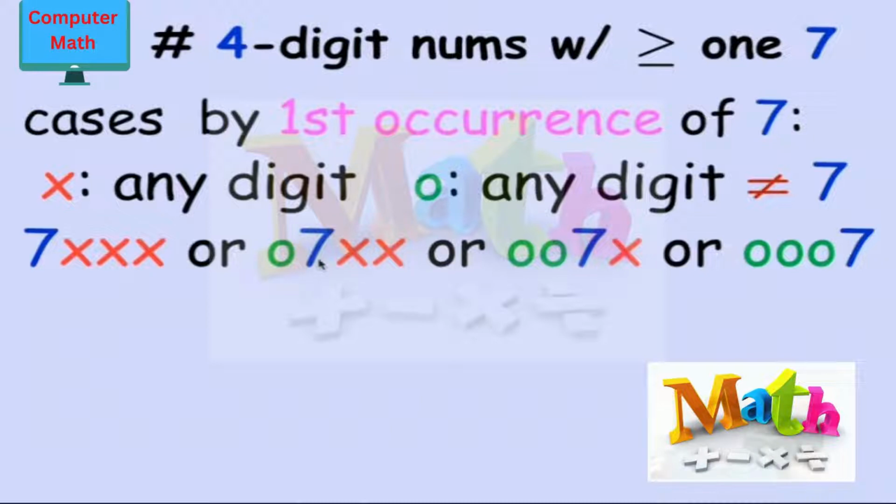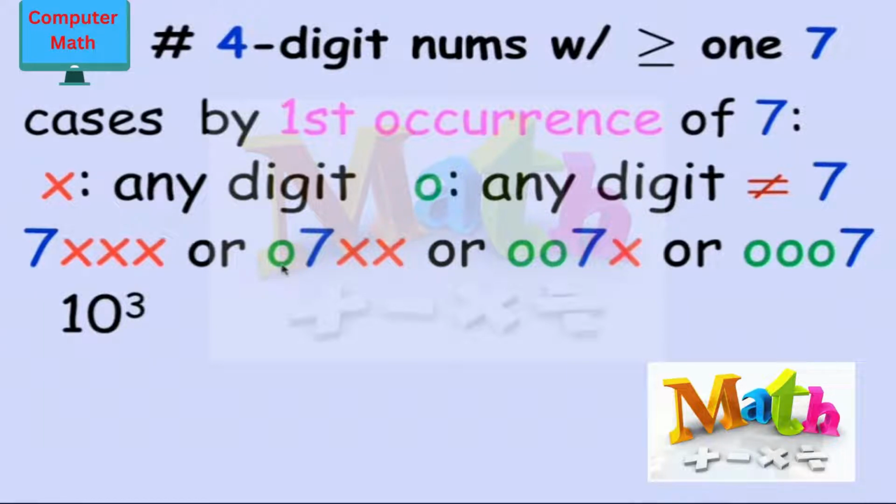Another possible pattern is when you have a digit that's not 7 followed by a 7. This is when 7 occurs second, followed by anything at all. Likewise, here 7 occurs third, and here 7 occurs fourth. Now these individual patterns are easy enough to count using the product rule, because here I have to count how many triples of any digits there are. Well, there's 10 digits, so it's 10 cubed.